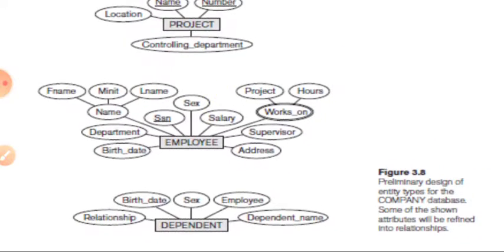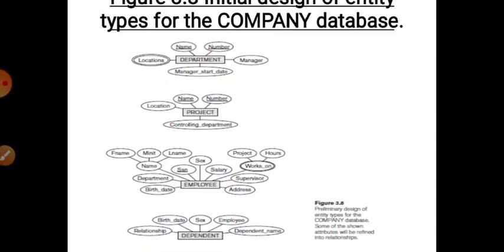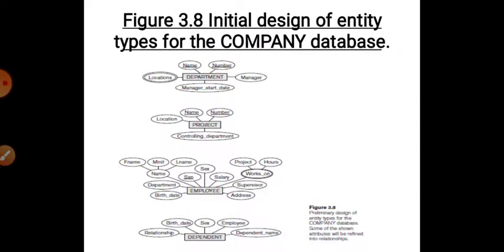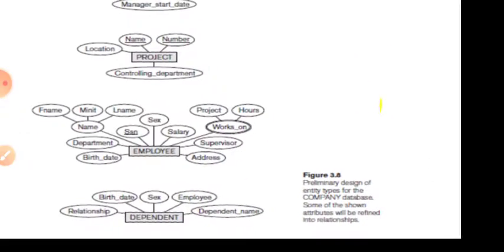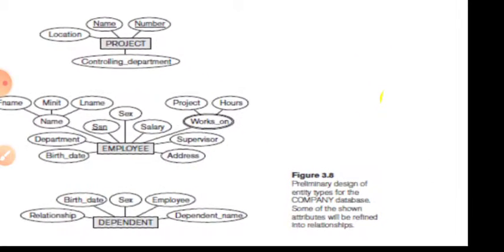So all these four entities were studied here and their attributes identified very clearly. So the figure represents the preliminary design of entity types for the company database.